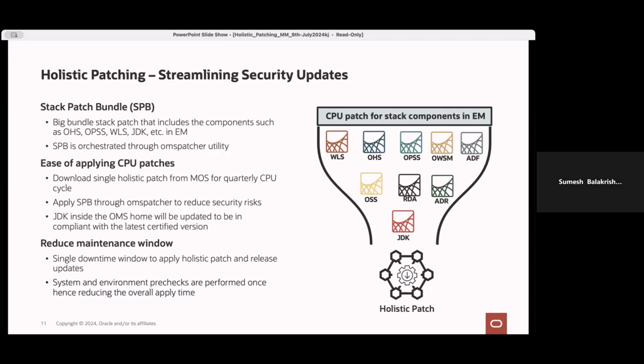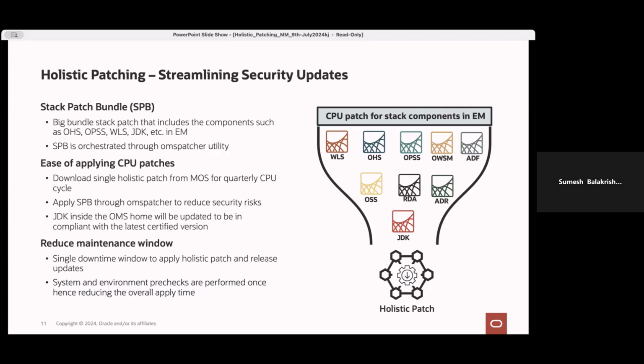The diagram on the right side depicts that it's one bundle which is embedding all the stack component patches for Enterprise Manager. From the Enterprise Manager side, we will ensure that the single stack patch bundle that we release for a given CPU cycle contains all the required security patches released by Oracle.